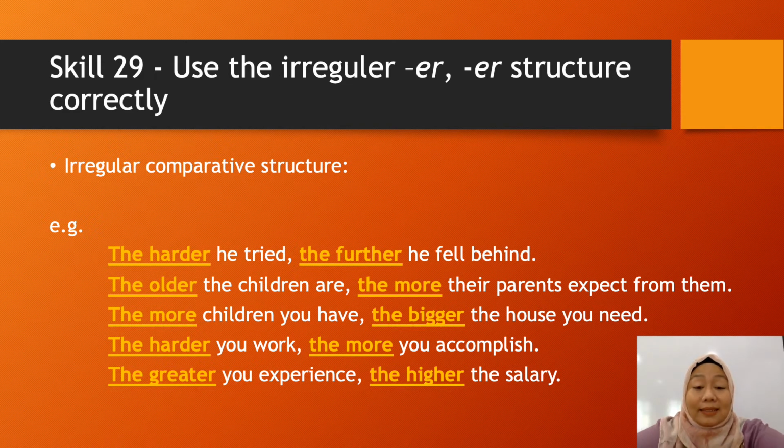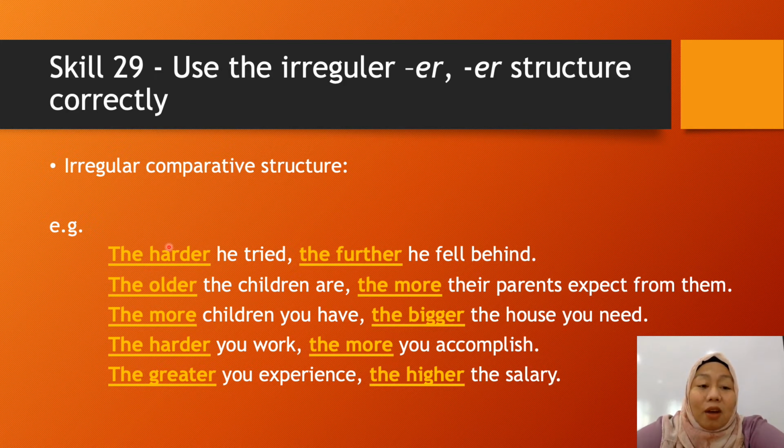Let's take a look at this example. The harder he tried, the further he fell behind. The older the children are, the more their parents expect from them. The more children you have, the bigger the house you need. The harder you work, the more you accomplish.